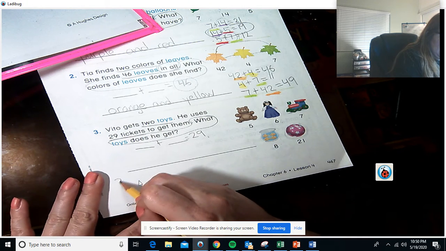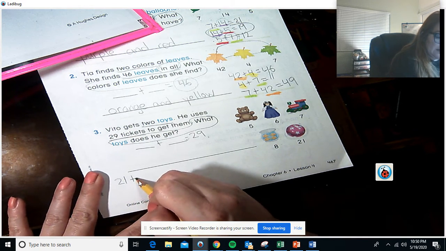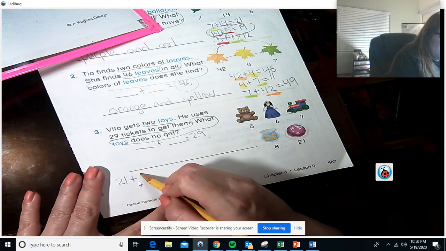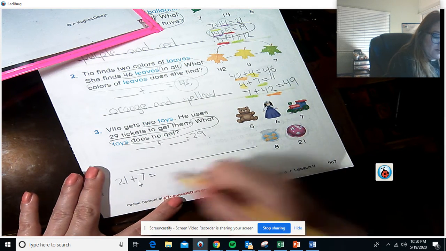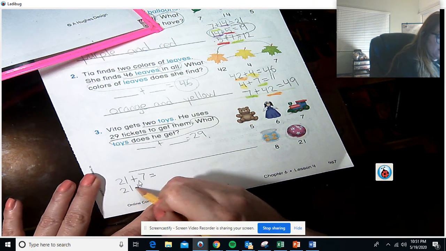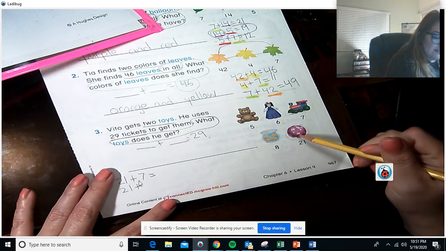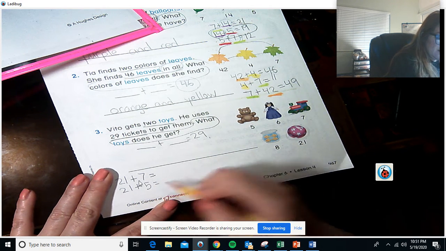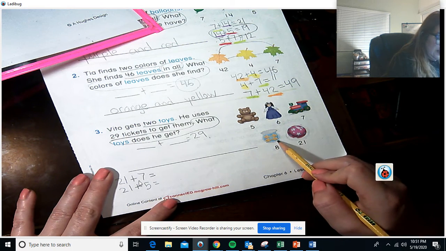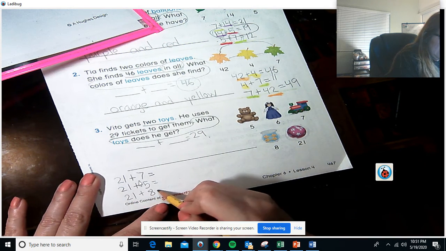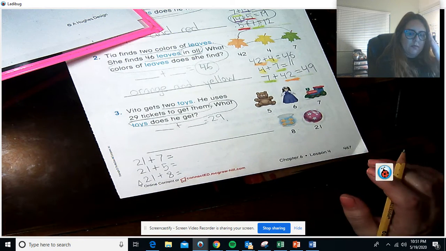So could it be 21 plus, maybe it's 21 plus 7? Or maybe it's 21 plus 5? Or maybe it's 21 plus 8. I'm not sure, so I'm going to check these and figure this out.